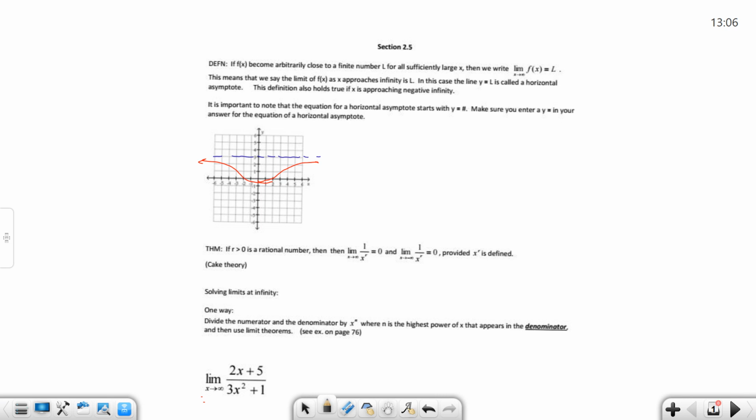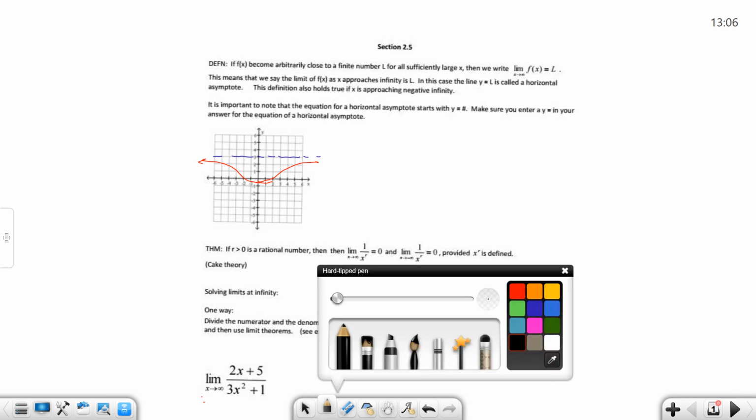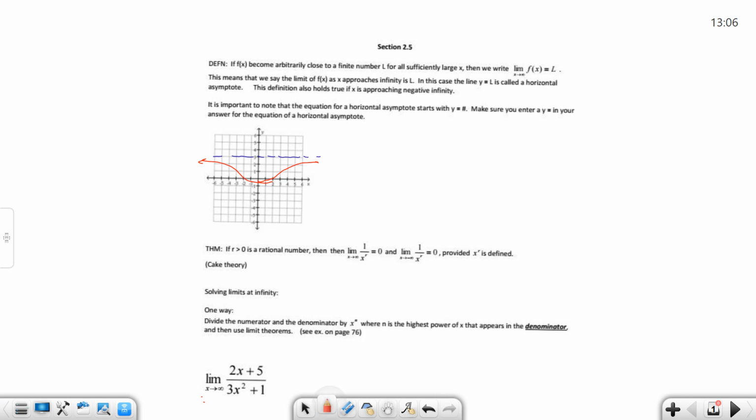In the little example I give you on the screen, you have a line here that represents a horizontal asymptote. Now, let me say something different about it for a minute. For this particular graph, here's where x is 3 and 4 and 5 and 6, and x is getting bigger and bigger and bigger.